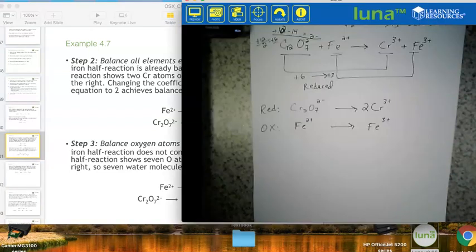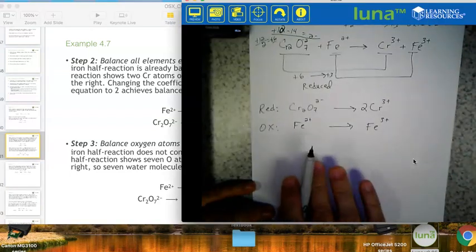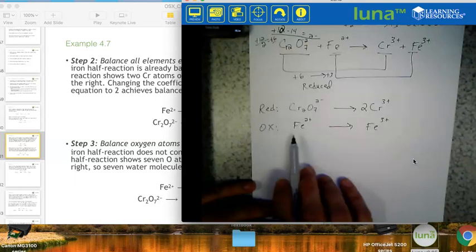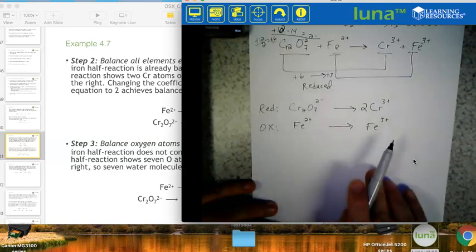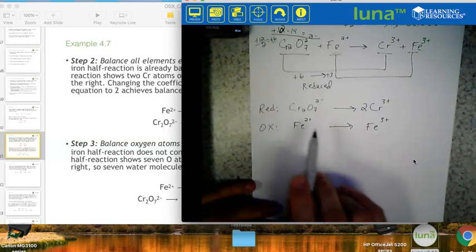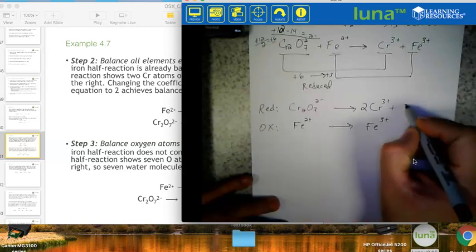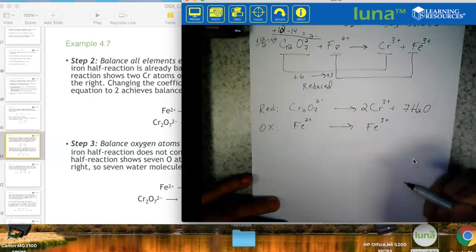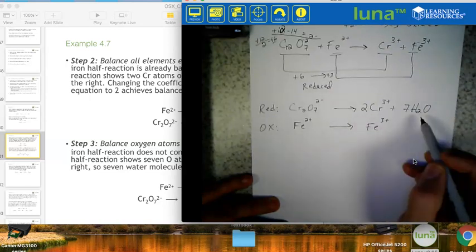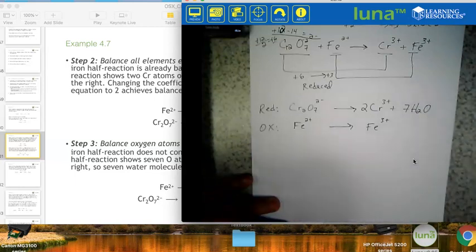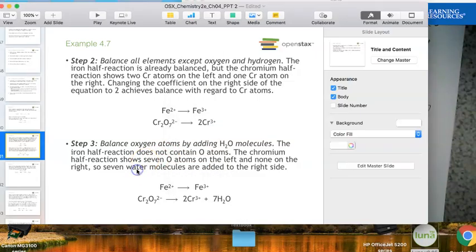Looking at my reaction again, I have no oxygen for the iron reaction, but I have 7 atoms of oxygen here, so I need 7 atoms of oxygen there. The only way I can balance it is to add H2O, or water. So now I have 7 oxygen atoms. That's step 3.